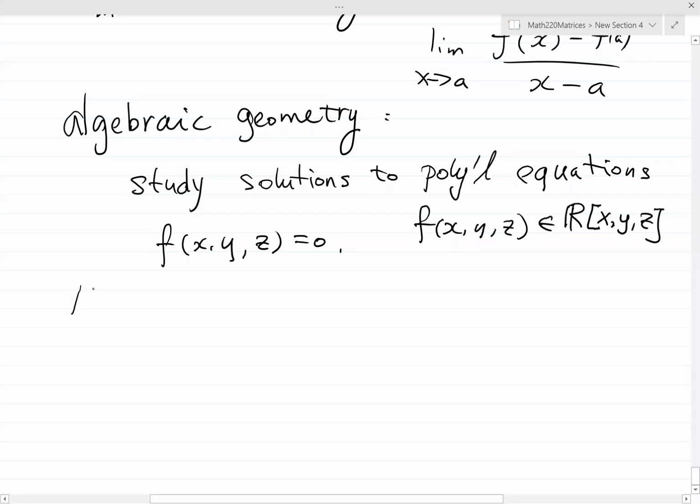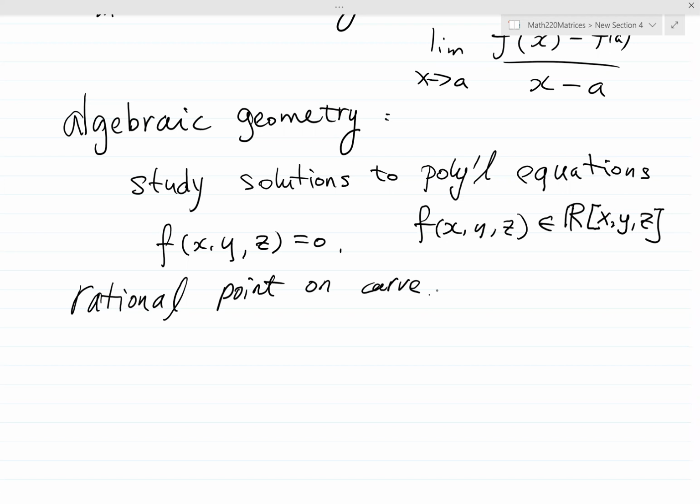This is a huge topic: rational points on curves. Do we have rational solutions? Solve the equation by rational numbers or integer solutions. So we can find solutions to equations from different points of view.